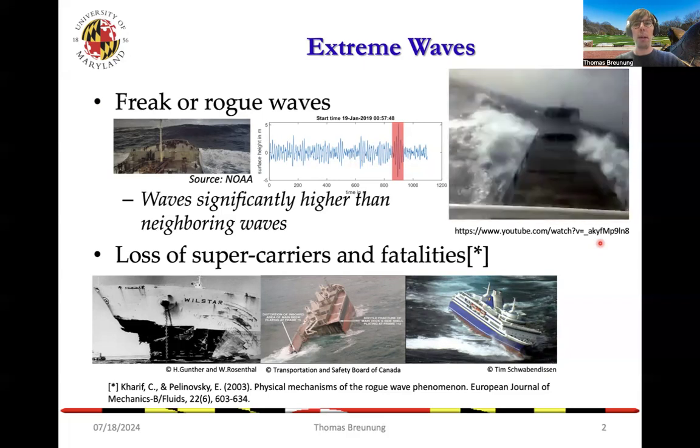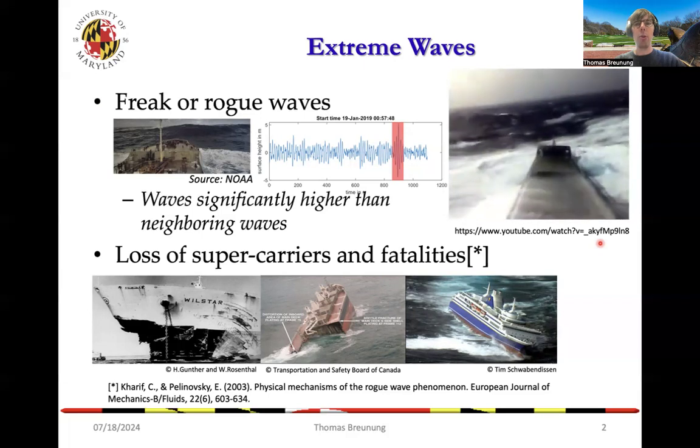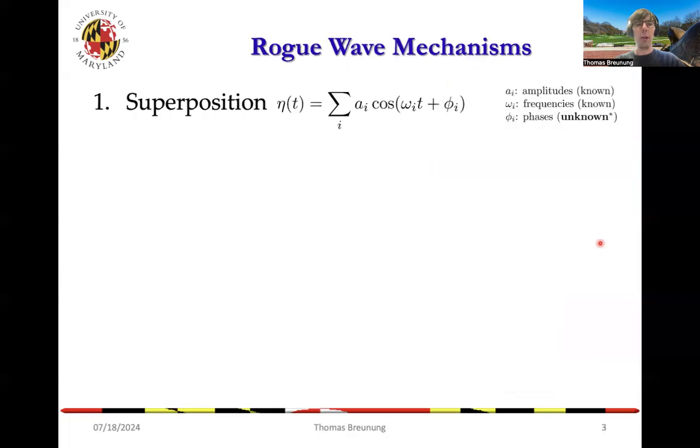By now, two popular mechanisms have arisen explaining how rogue waves occur in the ocean. According to the first mechanism, rogue waves can occur due to the superposition of elementary waves. Here, an elementary wave is given by a harmonic function, the cosine function, which has an amplitude, a frequency, and a phase. While the amplitudes and the frequencies one can measure, the phases are generally unknown. Then one can encounter different scenarios.